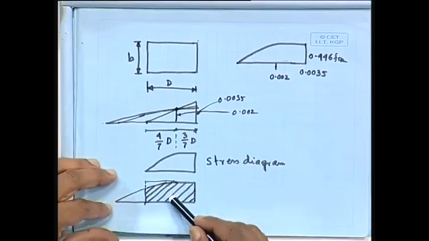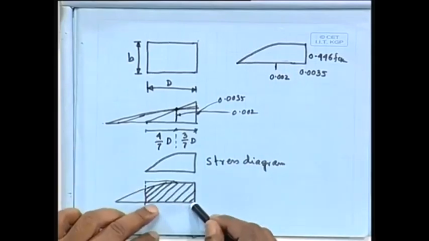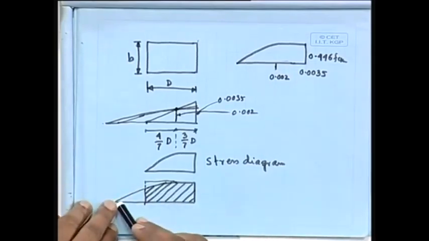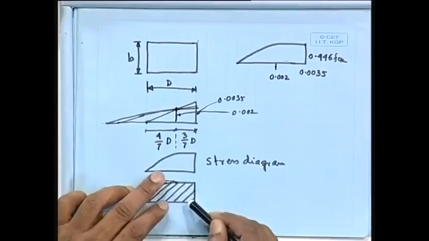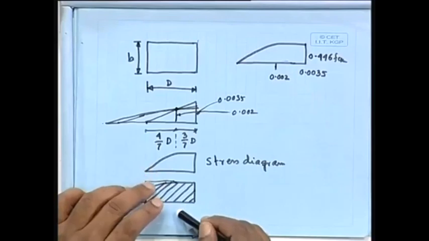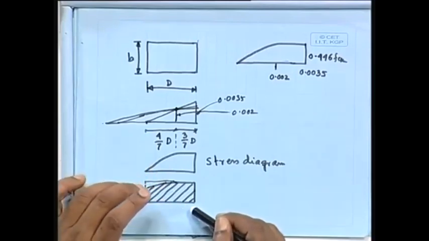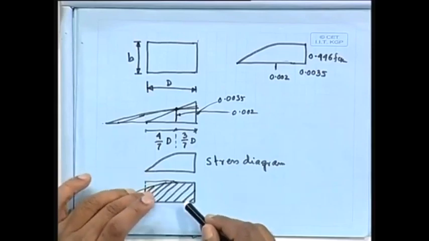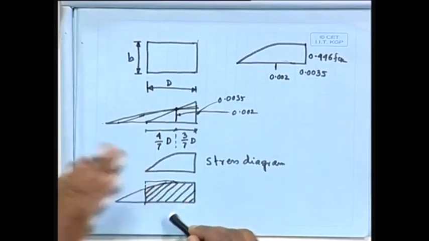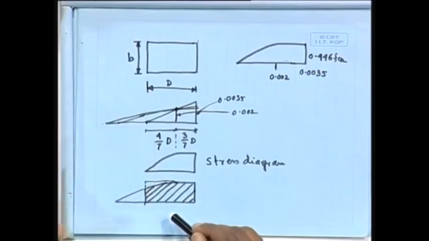Now what we have to do, we check it for different neutral axis positions, we find out that P and M, how much moment and how much axial load that particular section can take. What is the moment of resistance and what is the axial load resistance, that we calculate for a particular neutral axis position.